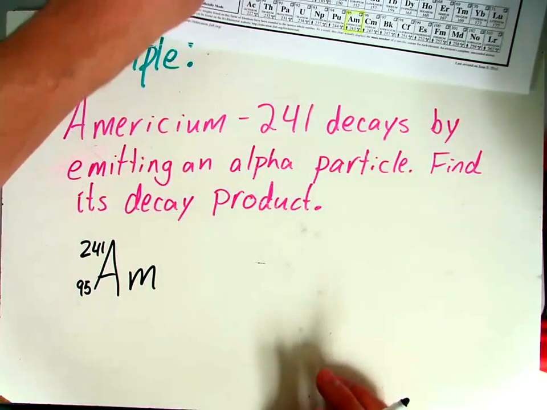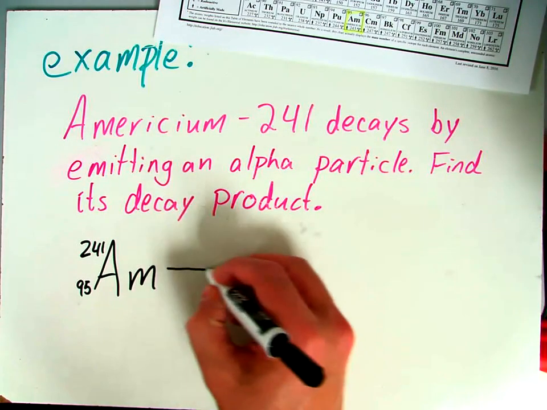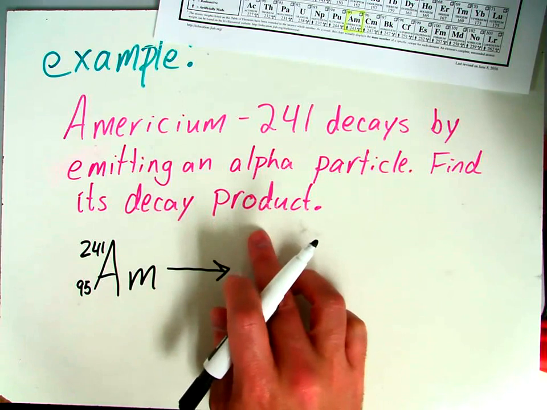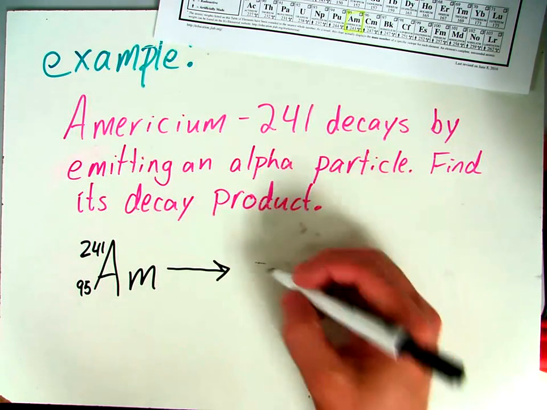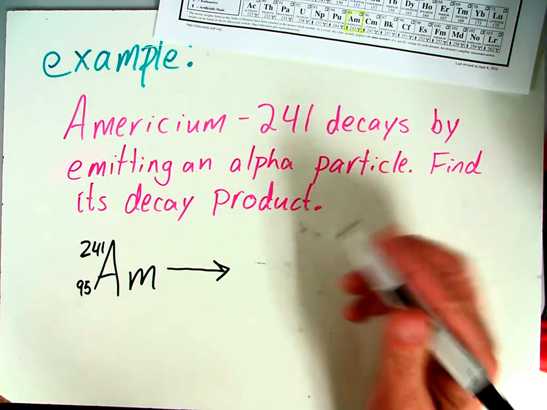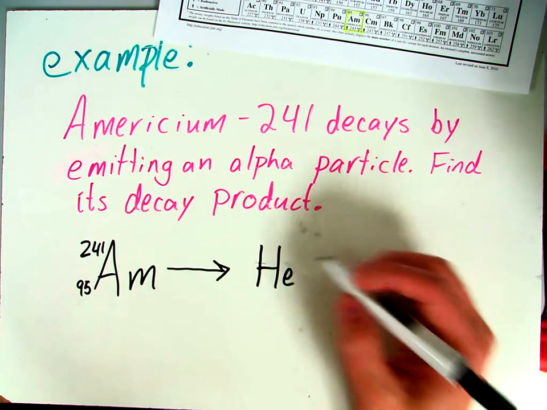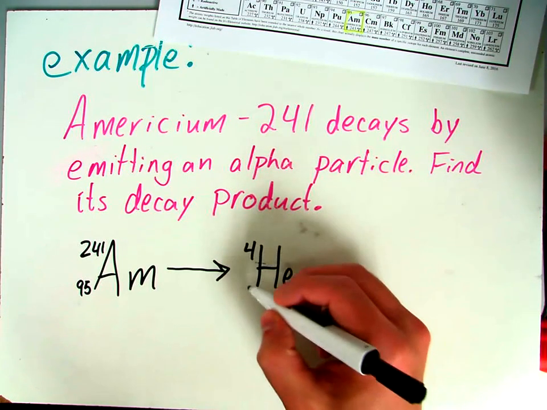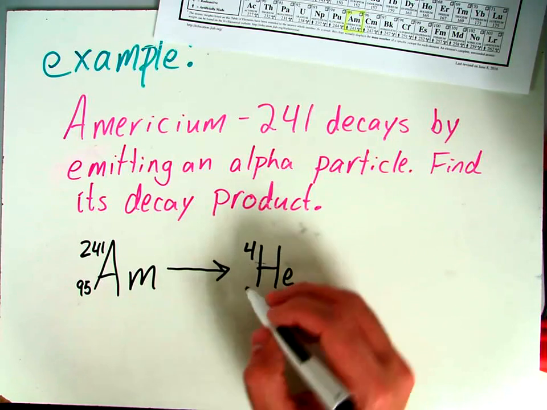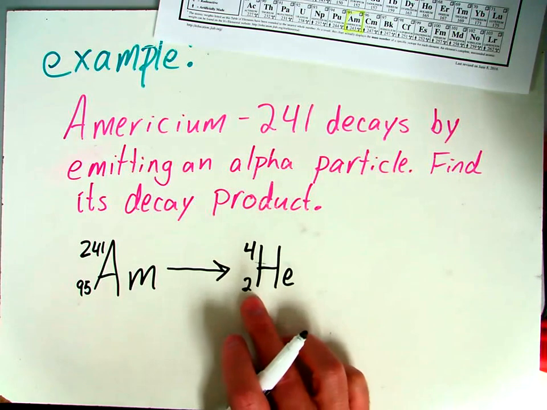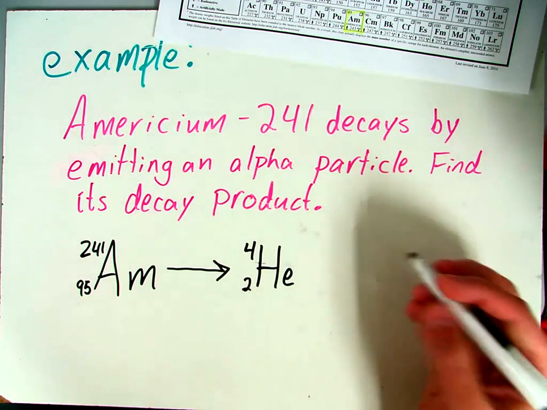So this is then going to decay. We want to find the decay products. So if it emits an alpha particle, we already said what an alpha particle is. It's a helium nucleus. And it's always going to be an atomic mass of 4 and an atomic number of 2.